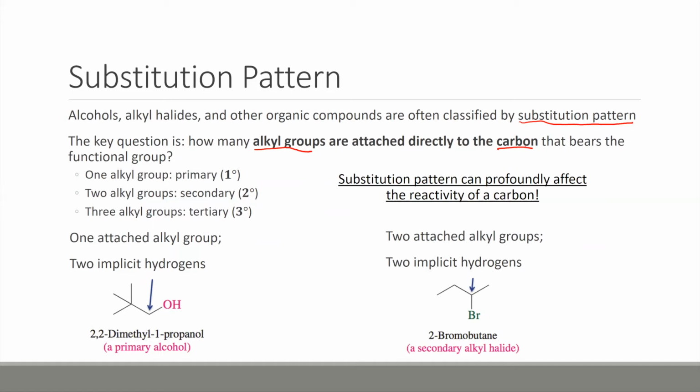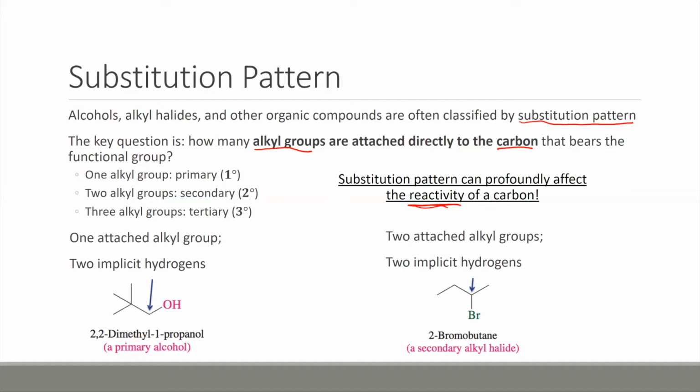The reason that we ask this question is depending on how many other carbons there are, it can affect the reactivity of the carbon. This is going to be very important when we start talking about reactions. So the substitution of that carbon will affect its reactivity, which is why I'm bringing this up.